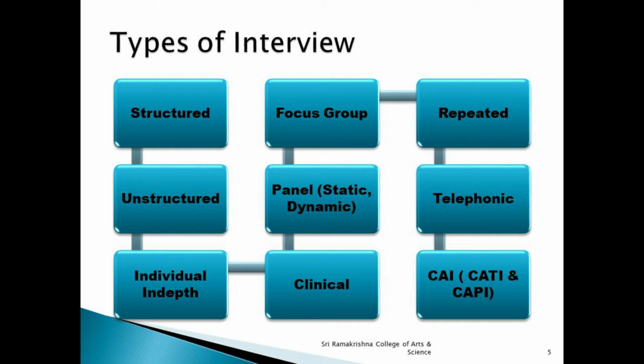That is unstructured. An individual in-depth interview is the interview of one respondent at a time. This interview proved very useful in getting in-depth knowledge. Individual in-depth interviews are time consuming, because with only one person at a time you will get a lot of information, but it is time consuming.